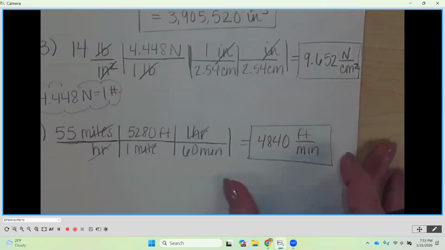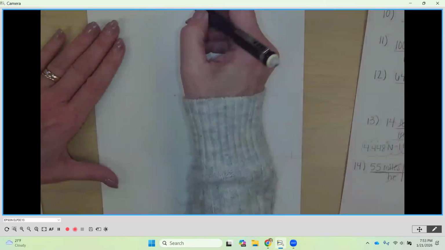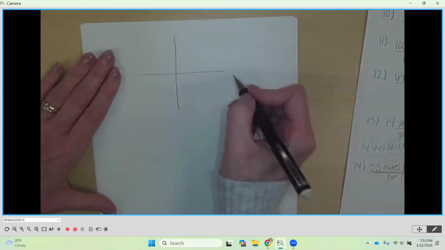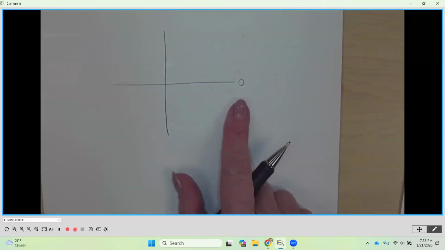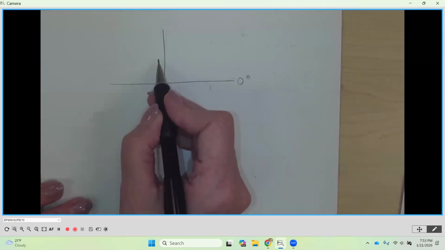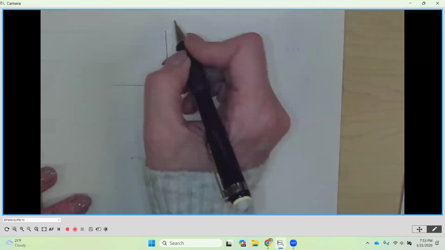Okay, so how I have these labeled, if you would, is if we look at a standard Cartesian coordinate system, right? As we start on the right-hand side, this is 0 degrees, and then we go in a counterclockwise direction.